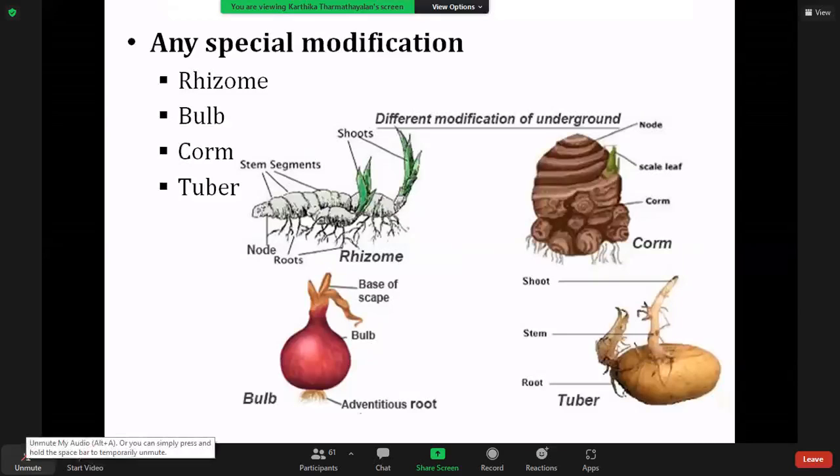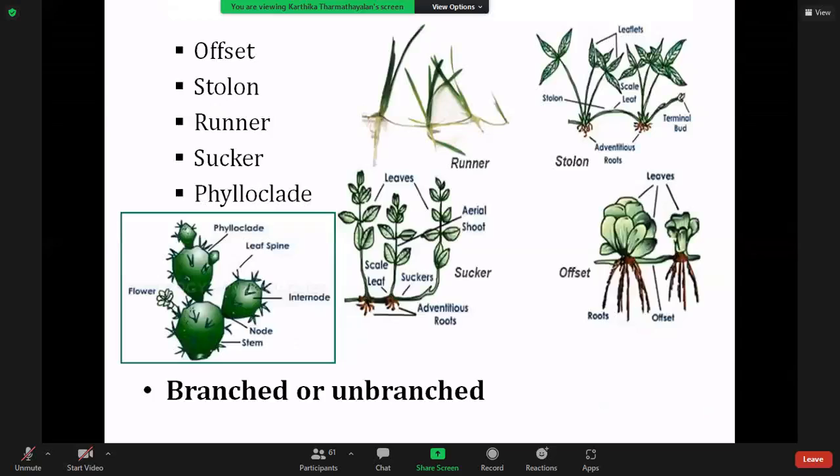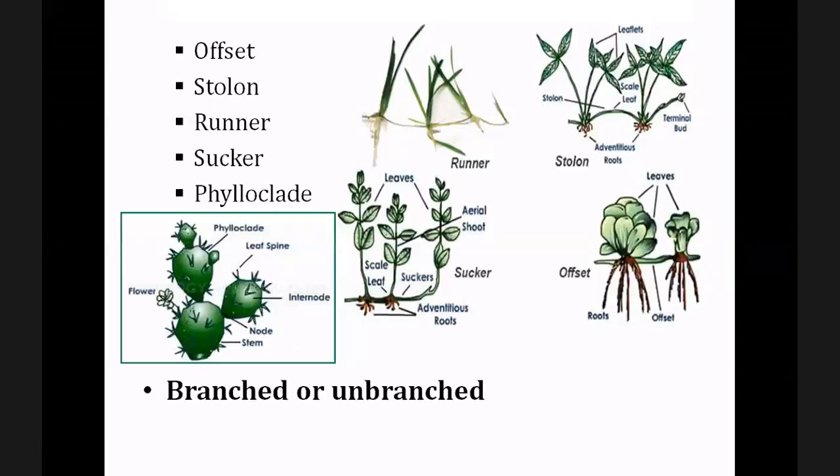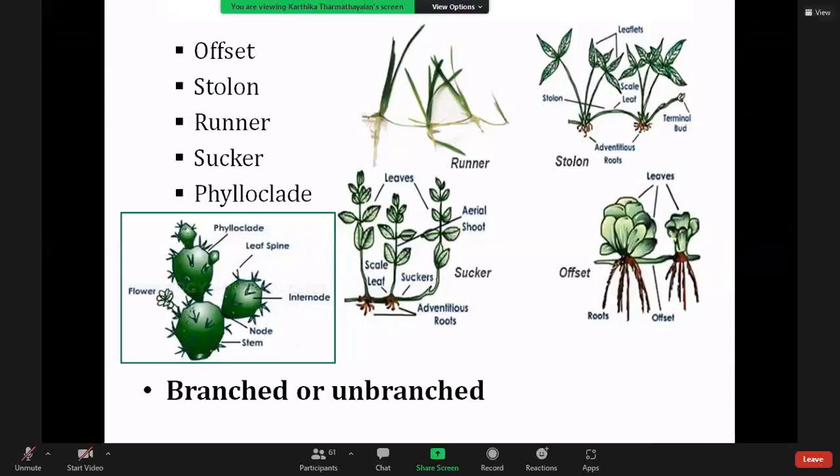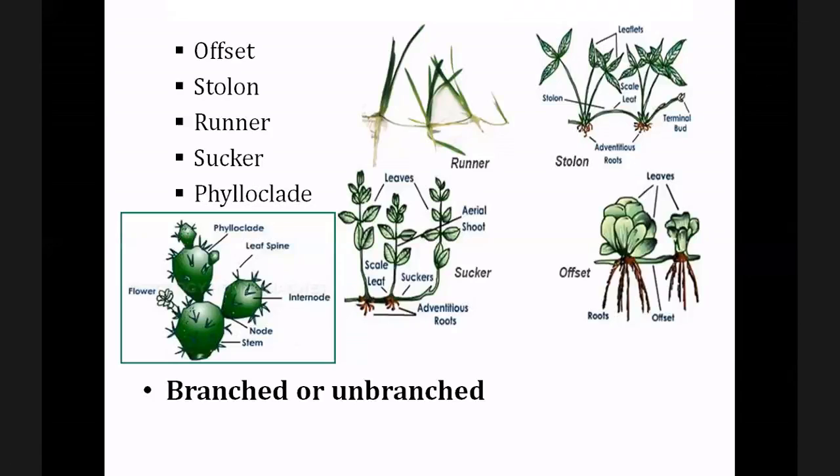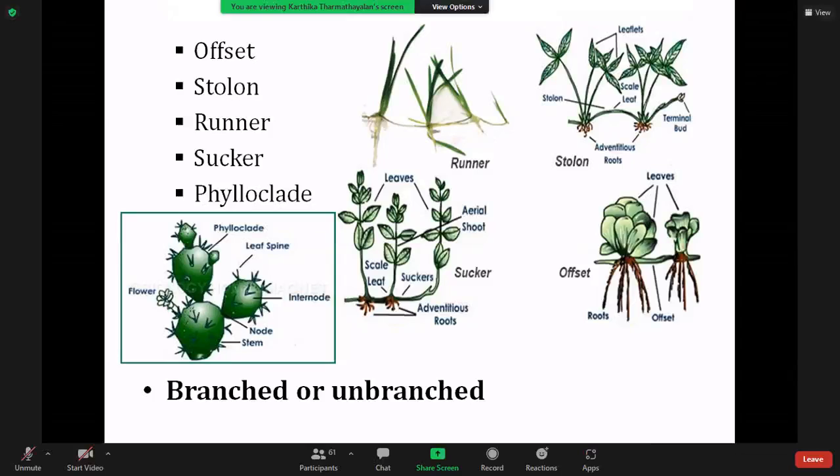Ma'am, please explain the phylloclade, that last one. Here the stem is modified to do photosynthesis. Normally the leaves do the photosynthesis, no? Here the stem is modified for carrying out photosynthesis. That stem we call a phylloclade.